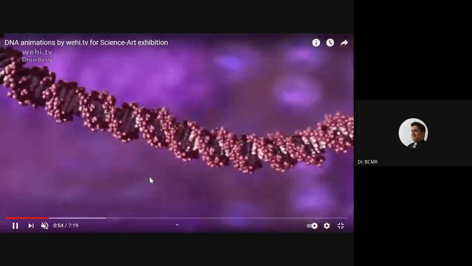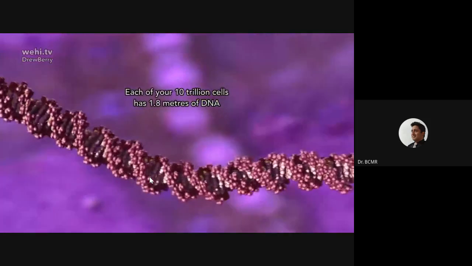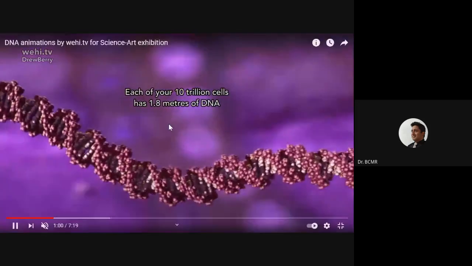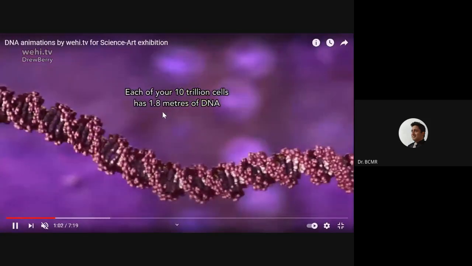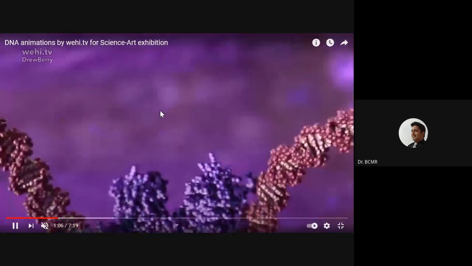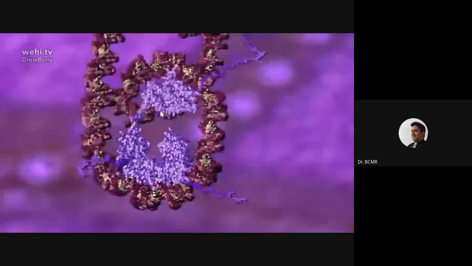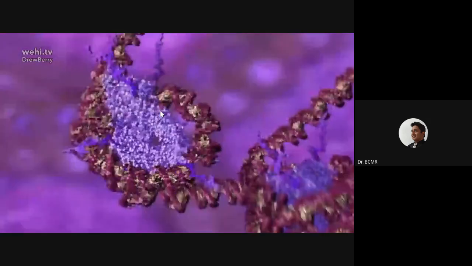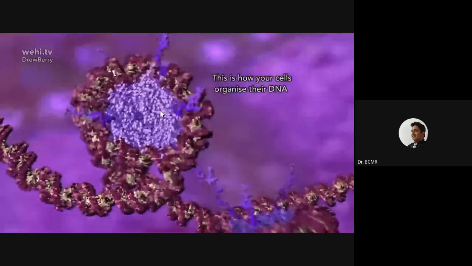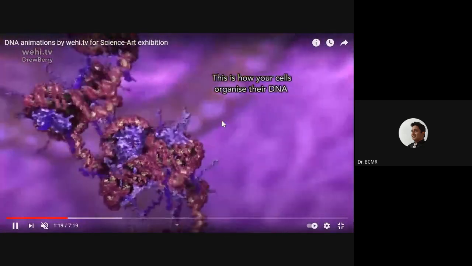This is the DNA, double-stranded. It is shown like that. So if you take the DNA from one of our cells, the total will be around 2 meters. It's longer than most of us, I guess. But because it has to fit in a very small structure, about 10 microns or so, it is wound around nucleosomes, and a lot of supercoiling is involved.